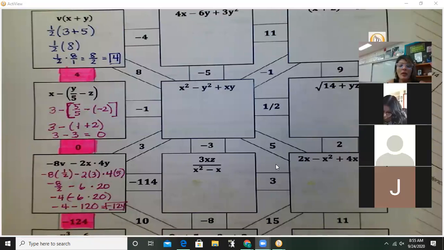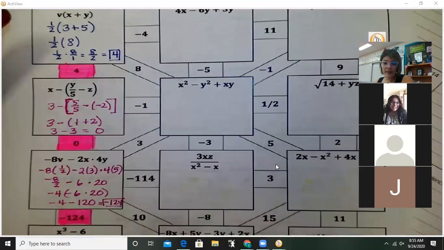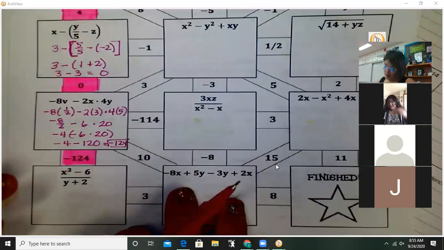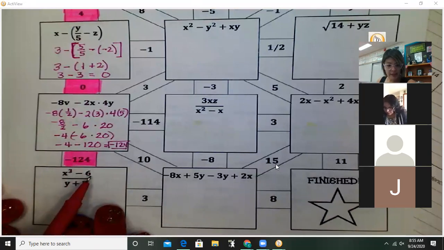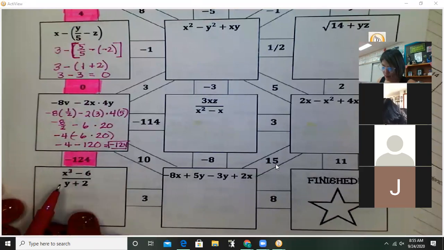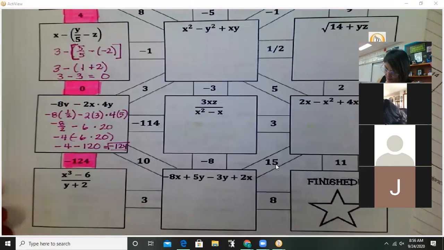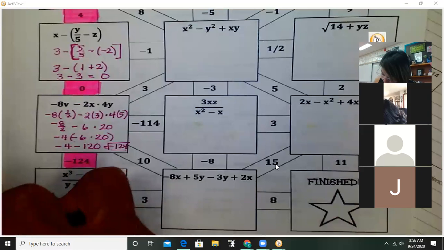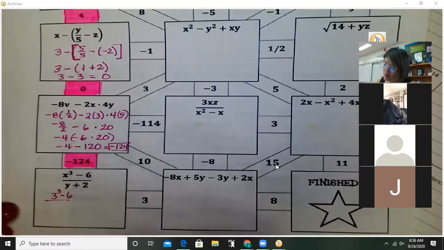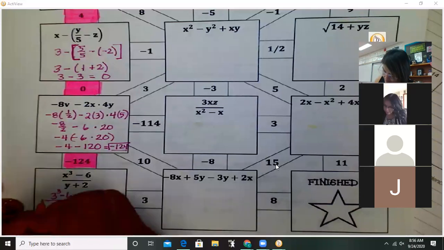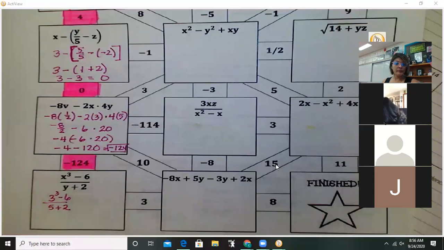Here we go. All right, now we're down here. I have x to the third minus 6 divided by y plus 2. Let's plug in my values. x is going to be 3 to the third minus 6 over y is 5, 5 plus 2.